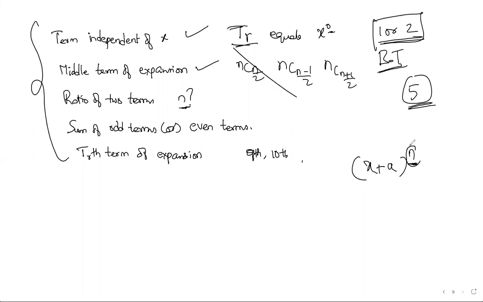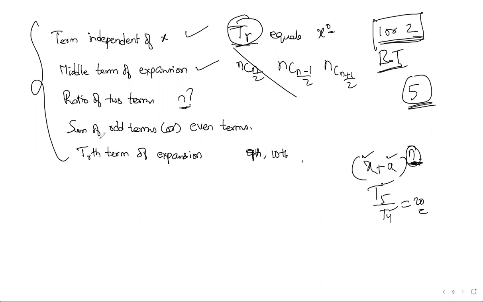They'll not give you the value of n, but they'll give you the value of x, the value of a, and something like t5 by t4 equal to 20. And they'll ask you to find the value of n. So you will directly write t5 and t4 using the general formula tr, and from there you can find the value of n. This is also fairly straightforward.